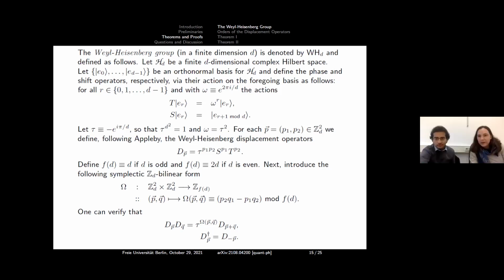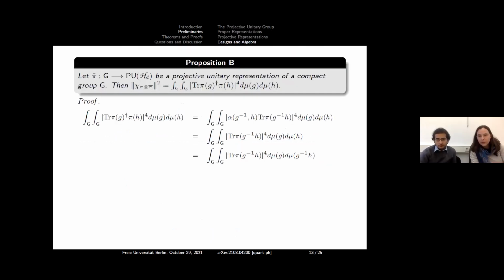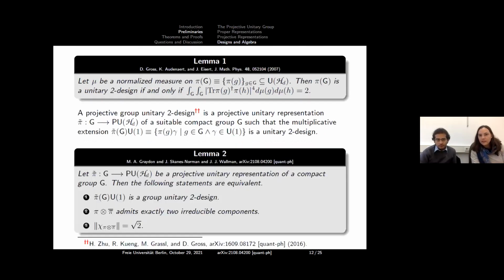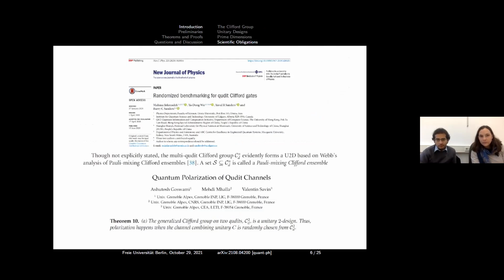I have a quick question. Early on, in the introduction, you showed two papers, including a New Journal of Physics paper. Did they arrive at results contradictory to yours? Yes. Is it easy to explain why? Yes. So in the first paper, they're relying on a 2017 paper by Zach Webb.